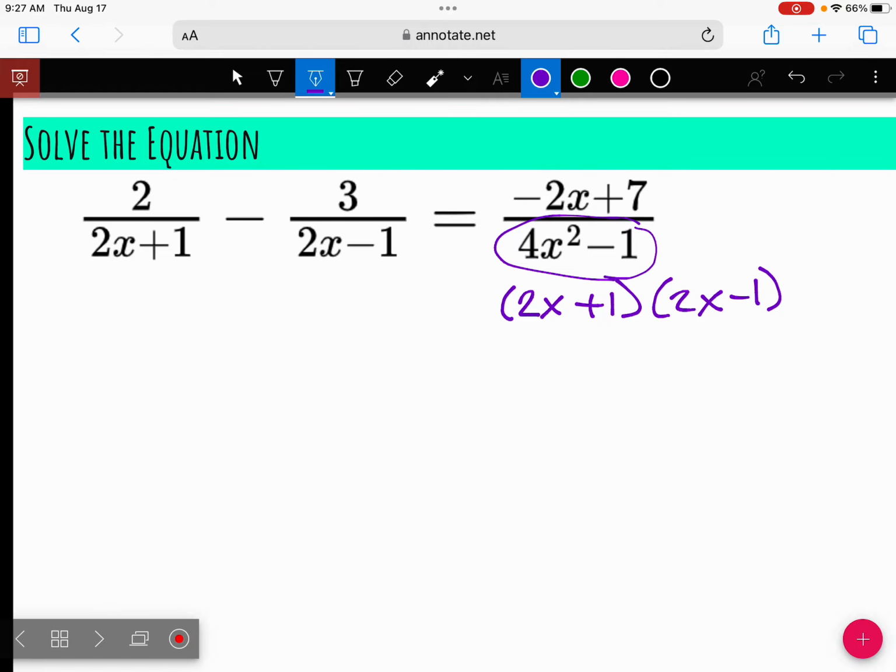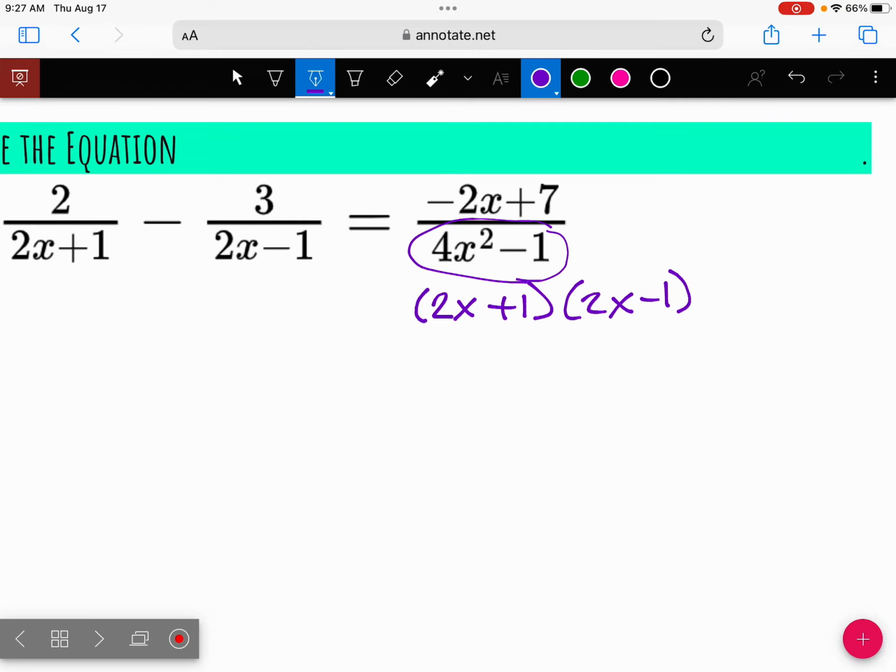It's just missing parts of it. So if you think about it as the common denominator, what we're going to get is just the 2x plus 1, 2x minus 1, right? That's going to be our denominator for everybody.